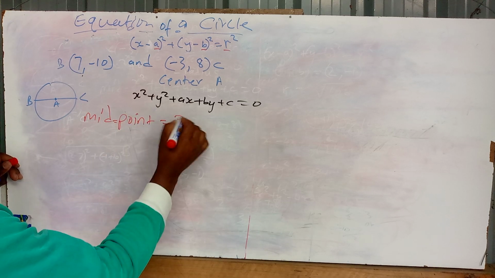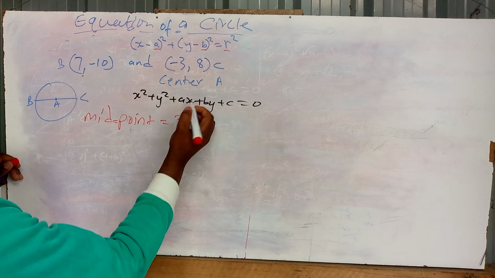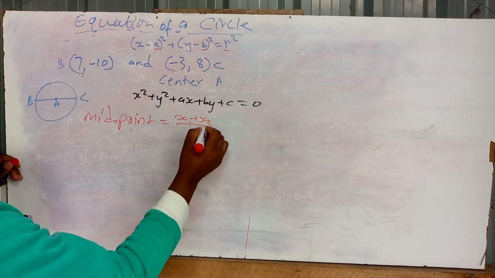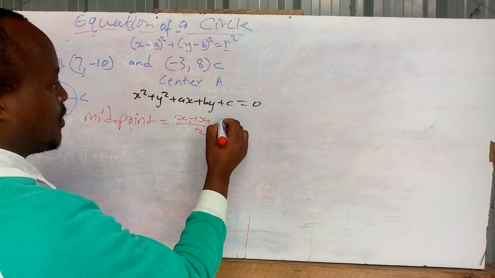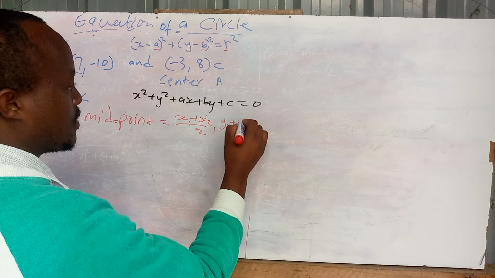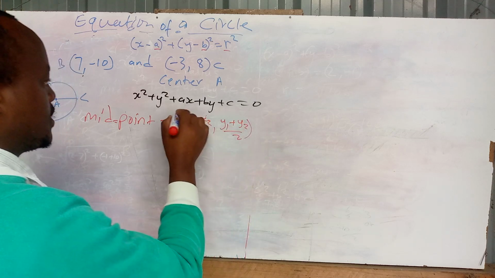The midpoint is given by x1 plus x2 divided by 2, then y1 plus y2 divided by 2.